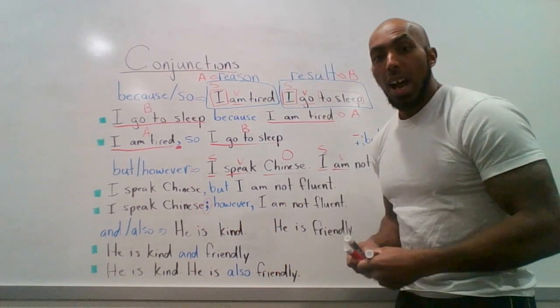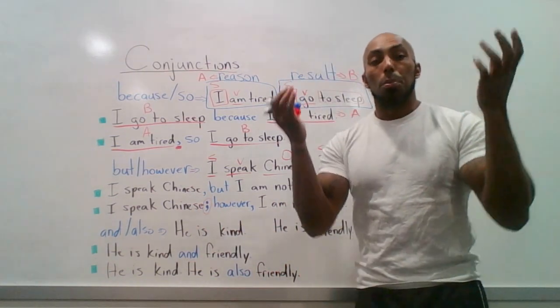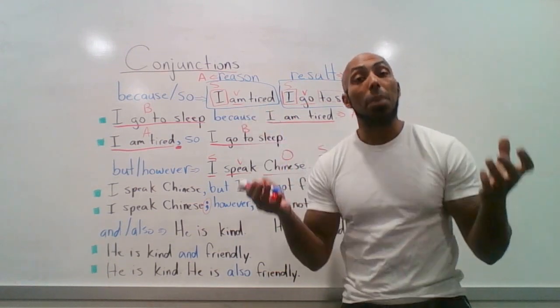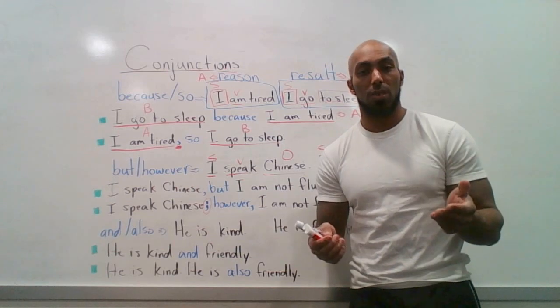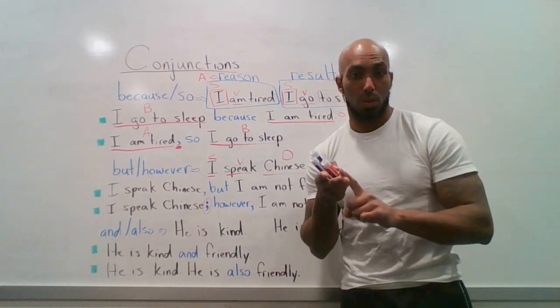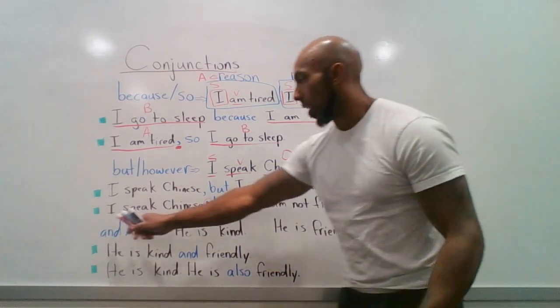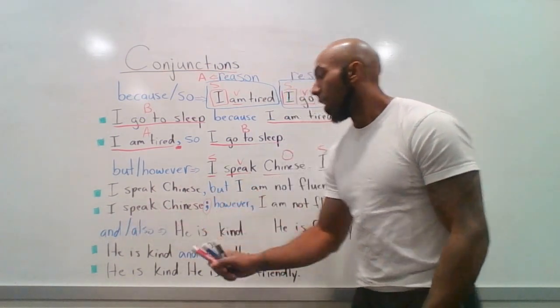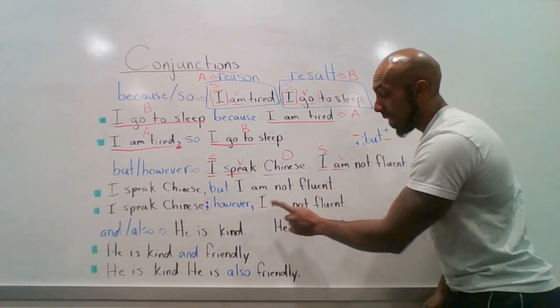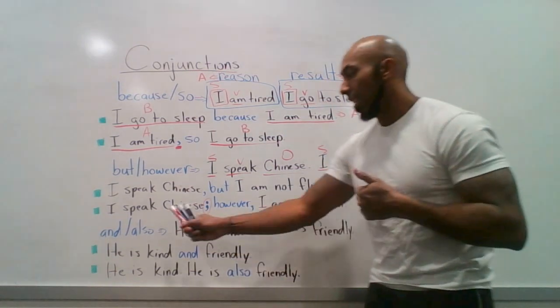I use a semicolon when both things on both sides of the semicolon can be sentences by themselves, which means each one needs to have a subject and a verb. Here's my subject, I, here's my verb, speak. On the other side of the semicolon, here's my subject, here's my verb. Then I'm good. I need to use a semicolon.